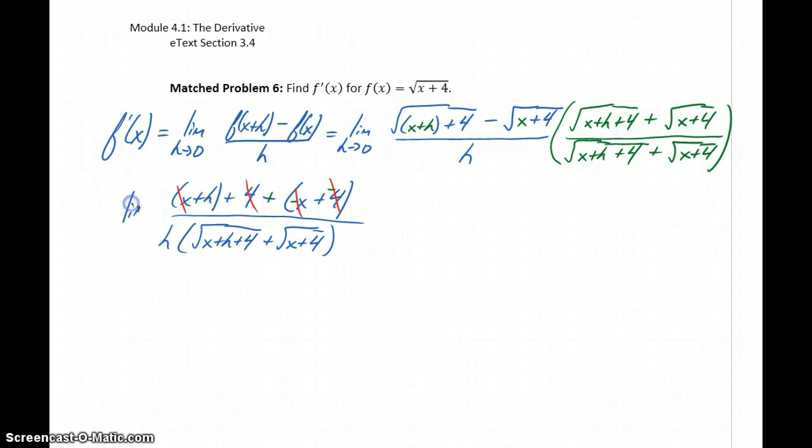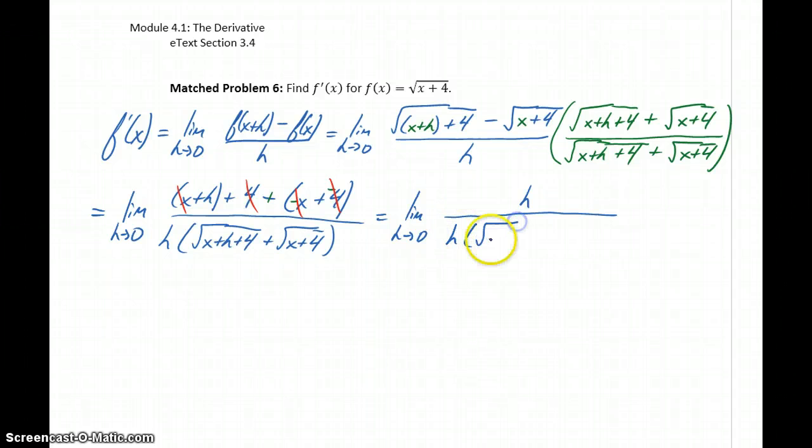And I actually forgot my limit notation here, so let me add that back in there because we're still evaluating that limit as h approaches 0. So this is going to be equal to the limit as h approaches 0. The only term left in the numerator now is h over h times the square root of x plus h plus 4 plus the square root of x plus 4.